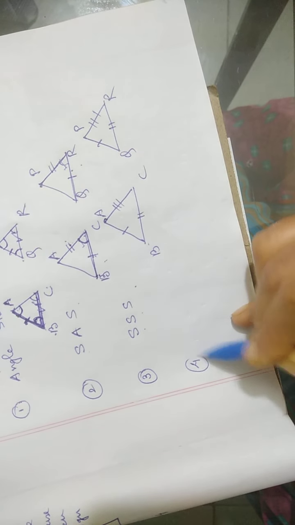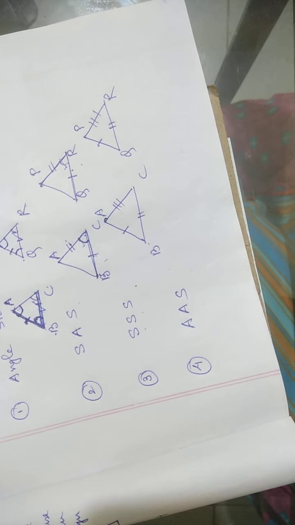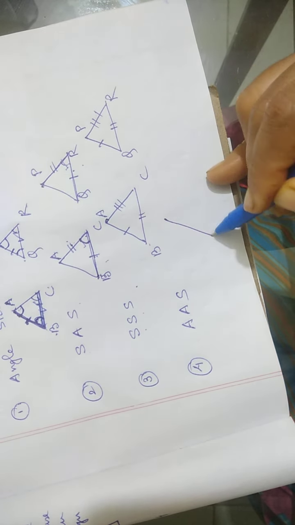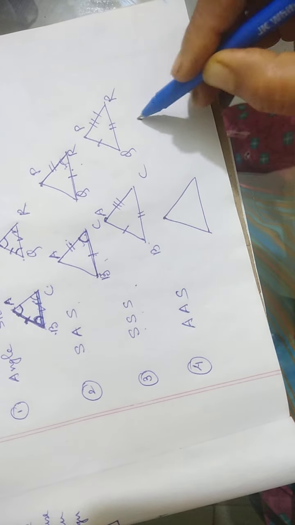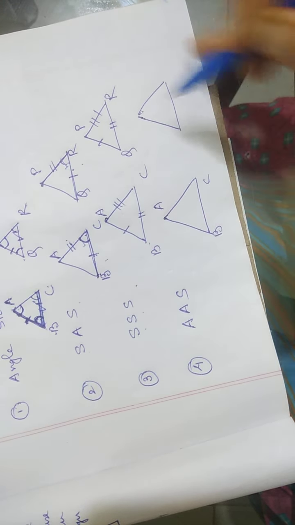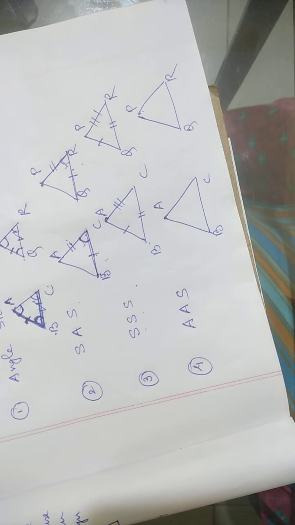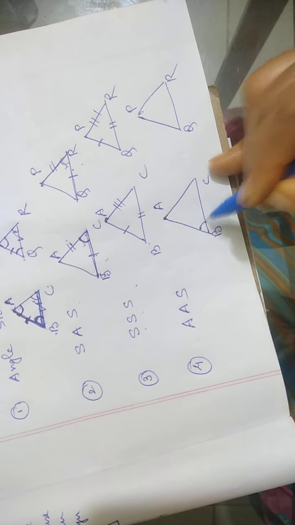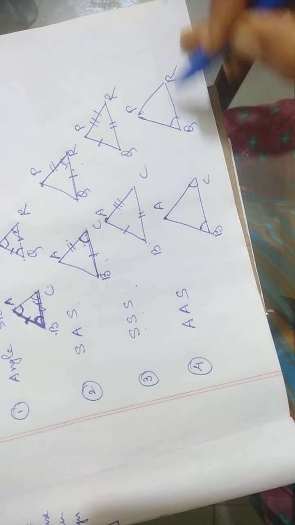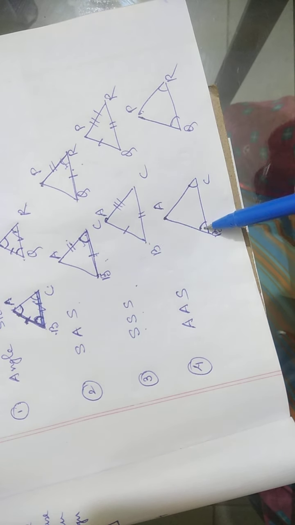Next, number 4. Angle, angle, side. See, these two triangles ABC and PQR. Now angle, angle, side. Say this angle and this angle are equal, if you find. Okay. These two angles are equal.